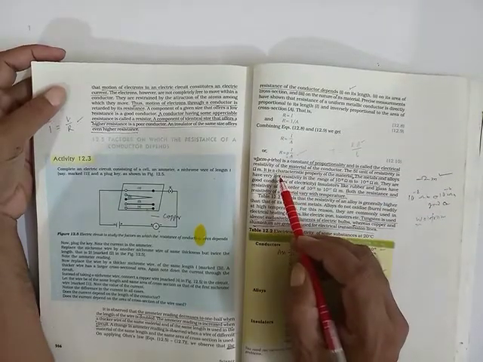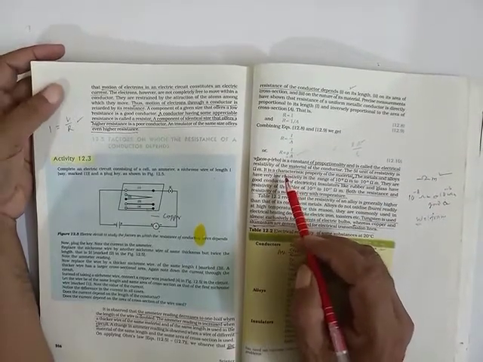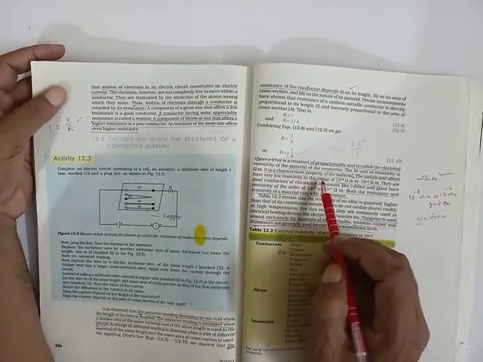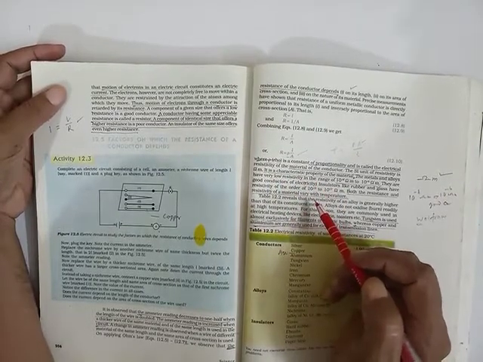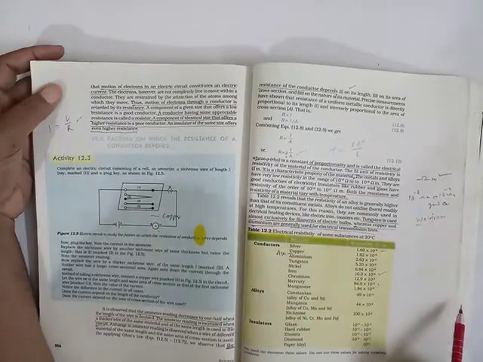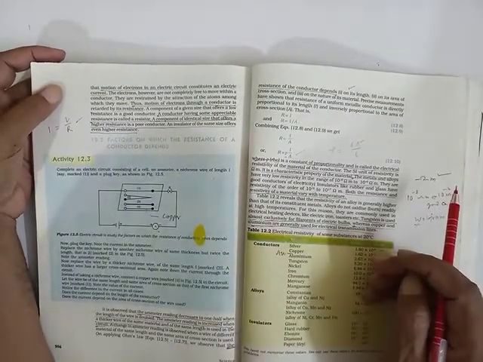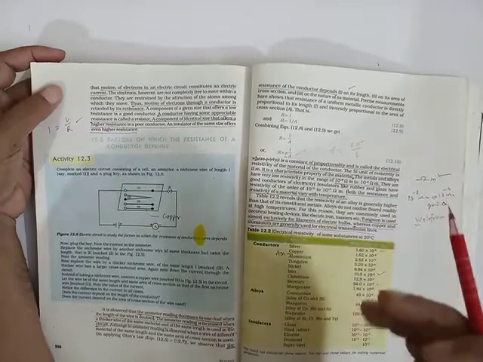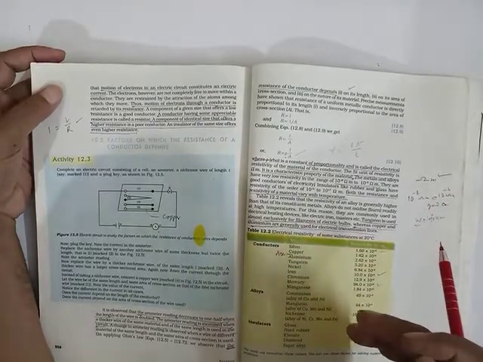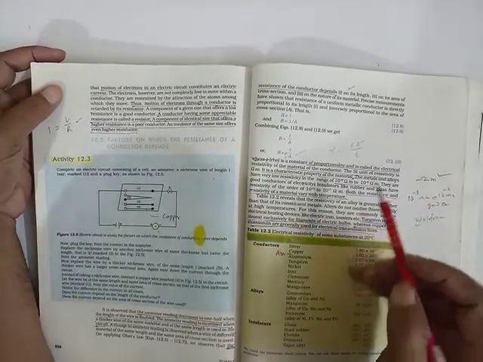Now, what is resistivity? It is the characteristic property of a material. Every material has its characteristic property, and that characteristic property of the material is known as resistivity.